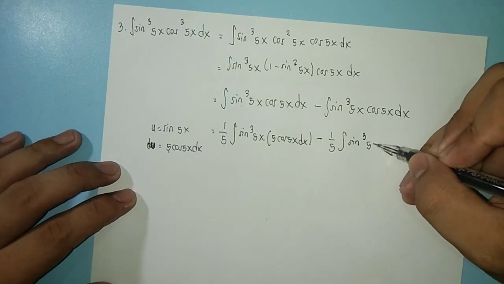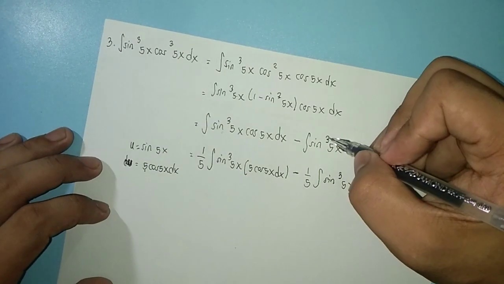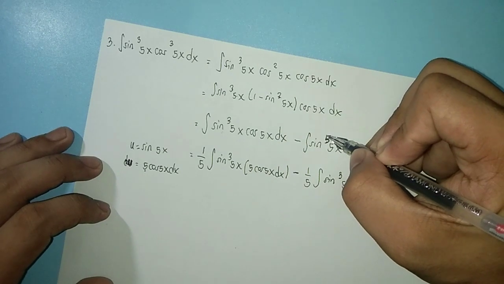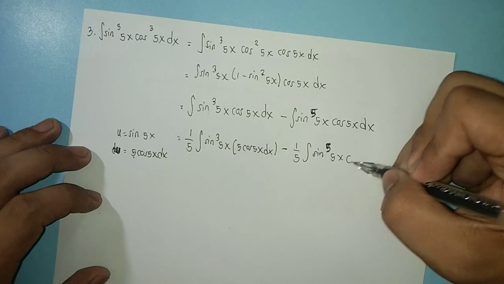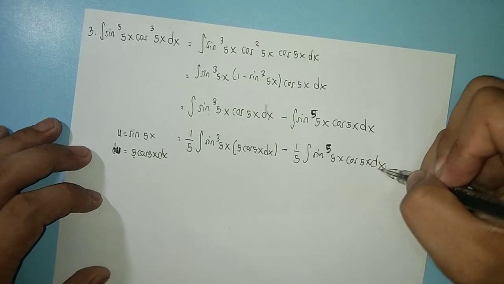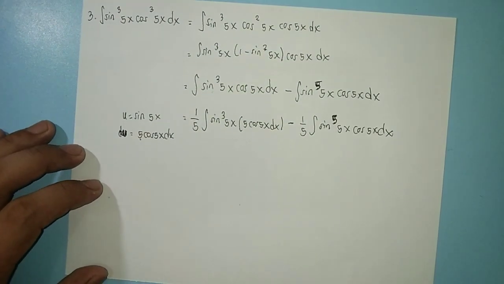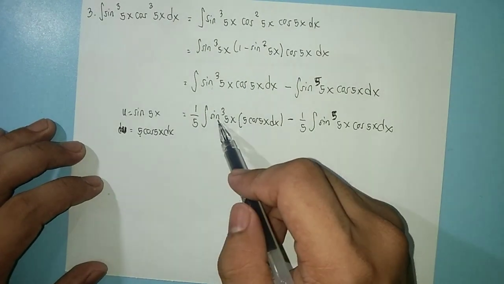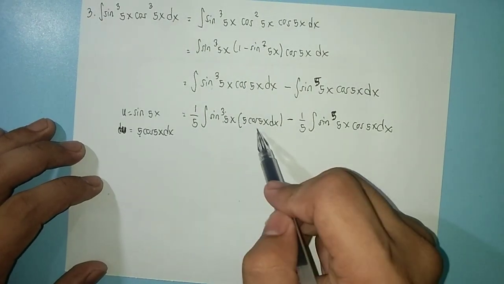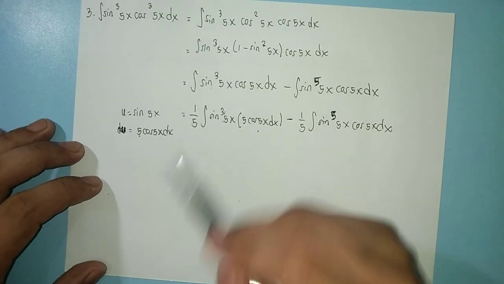cube of sine 5x. Bakit cube to? Raised to 5 na to. Okay, so raised to 5 cosine 5x dx. Okay, so i-proceed na natin. U raised to 3 du. So magiging 4 to.